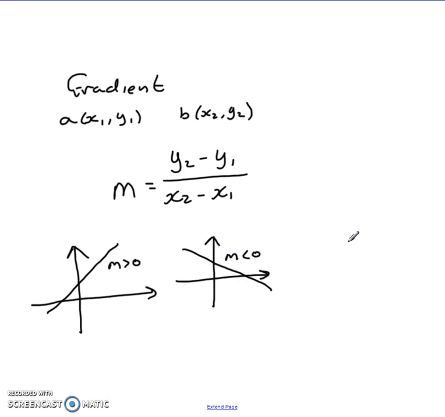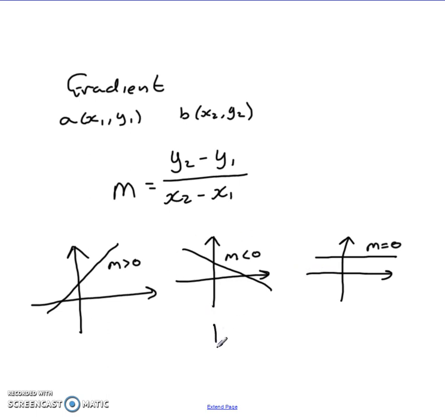So that would be when m is less than 0. I could also, dependent on the values I get, end up with a nice flat horizontal line there, and this would be the case when we calculate a gradient and get m equal to 0. What these tell me is the three different scenarios that I can get for my equation of my straight line.